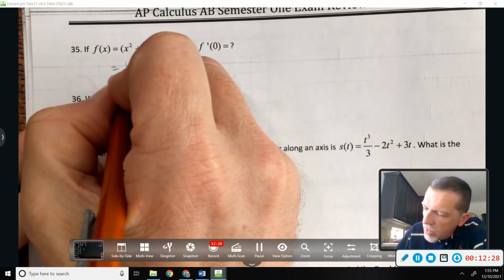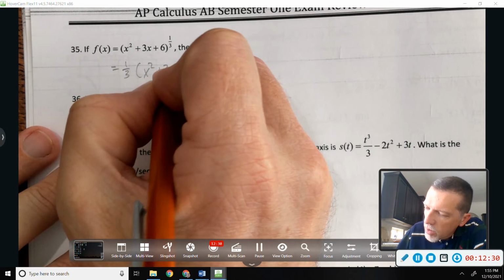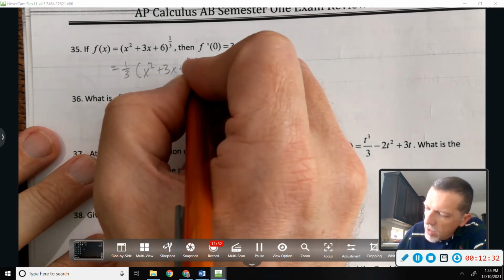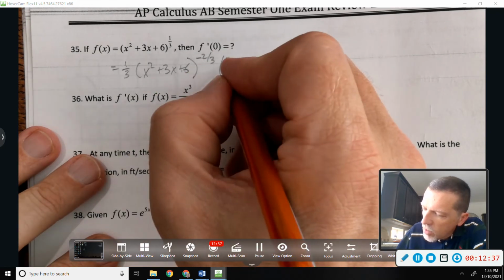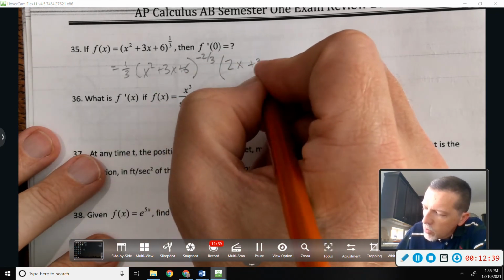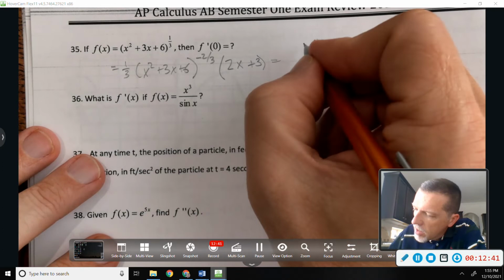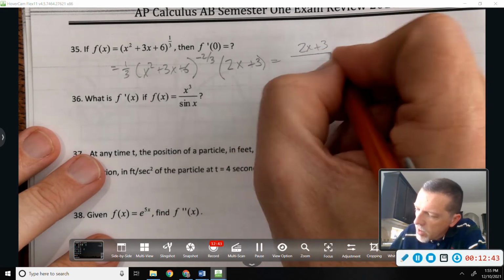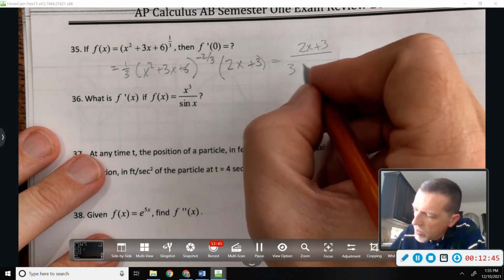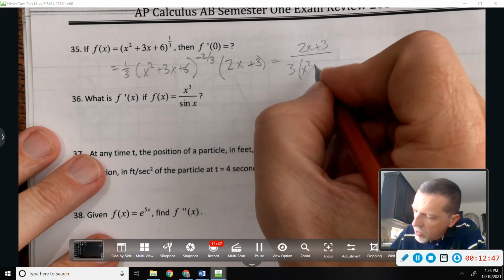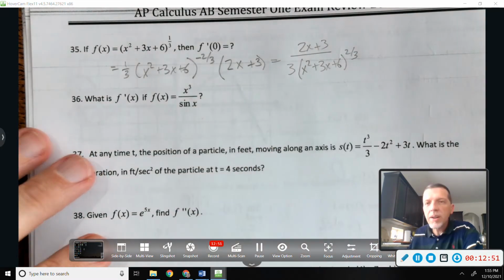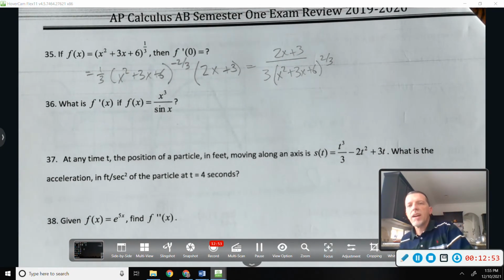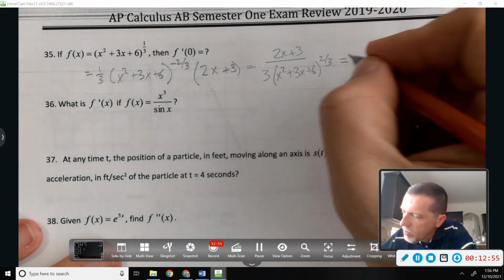So 1/3 (x squared plus 3x plus 6) to the negative 2/3 times, product rule, (2x plus 3). So 2x plus 3 in the top, 3 times (x squared plus 3x plus 6) to the 2/3 in the bottom. Kind of a yuck question, but whatever.